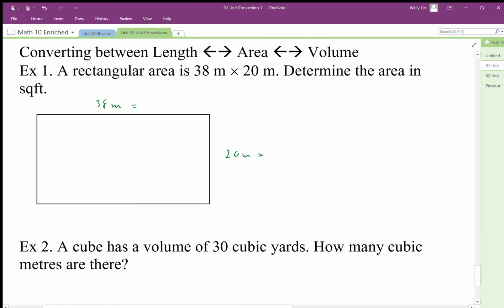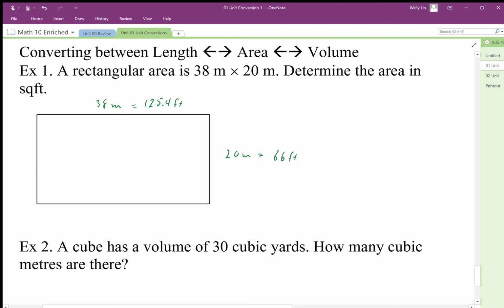So we're going to do 38 times 3.3 feet, and I get 125.4. Okay, so I've converted it into feet. 20 meters converted into feet is going to give me 66 feet.